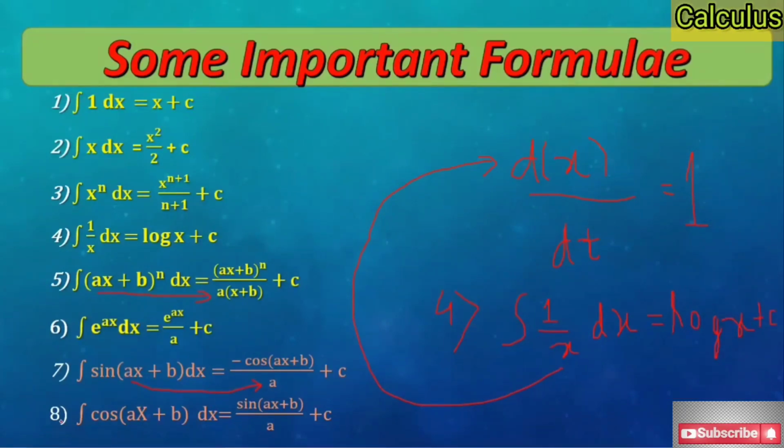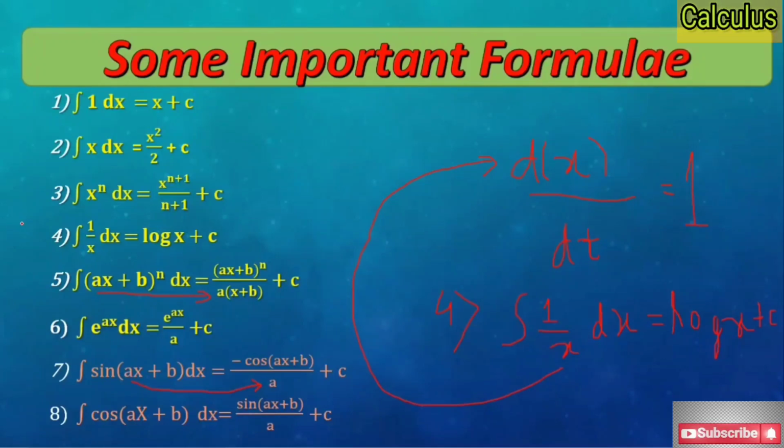For any problem of integration, you have to know the formula. In this formula you can see integration of ax plus b to the power n is ax plus b to the power n plus 1 by n plus 1 times a, plus c. This a comes here, you have to remember that.